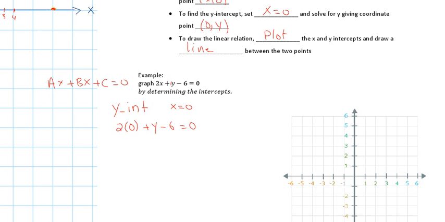Can I add the numbers on the left side? So I have 0 minus 6. That's minus 6, right? So that's y minus 6 equals 0. Are you okay with this up to now? But I have to do one more step, right? Are we okay with these steps up to now?